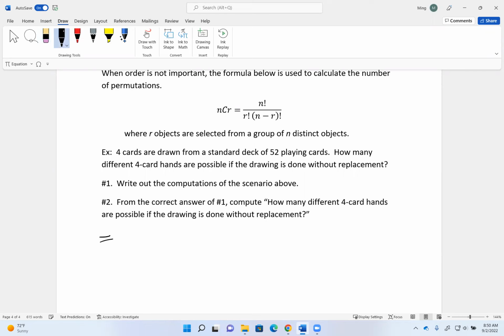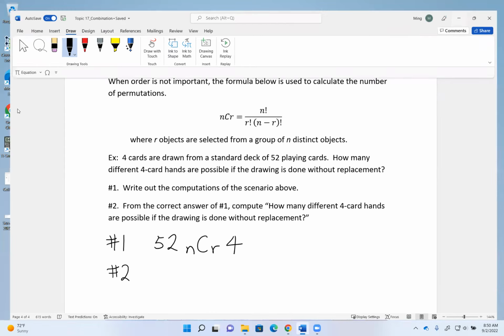For this example, there are 52 distinct cards, choosing 4 of them using combination. That will be our computation. If I put this in a calculator, it will tell me how many 4-card hands are possible when I draw 4 cards. Let me turn on my calculator real quick.